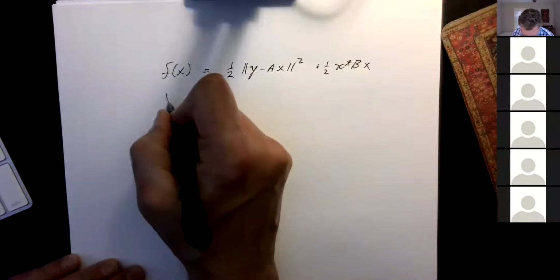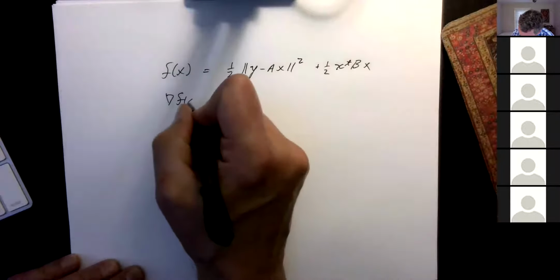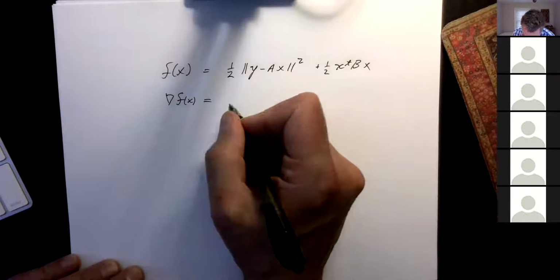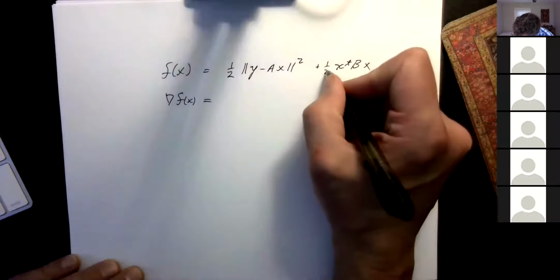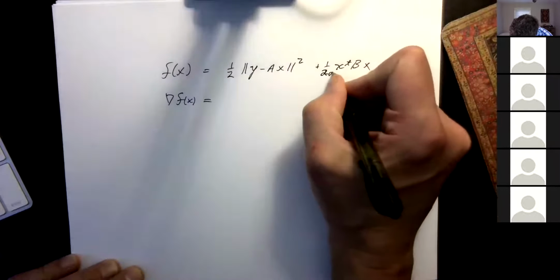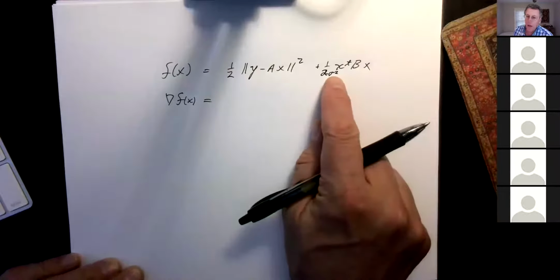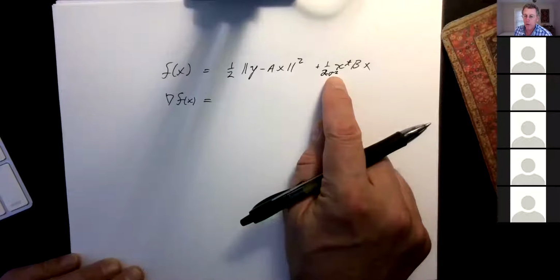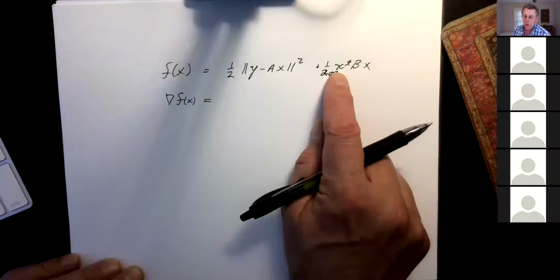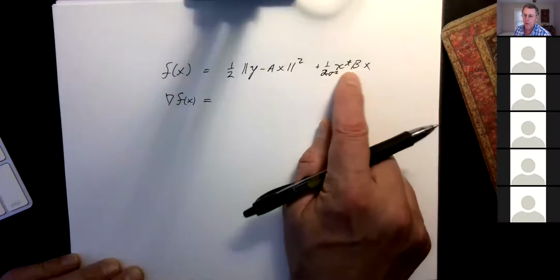So then the gradient of f of x is equal to, I put a sigma squared here. The idea is that this sigma squared allows you to control the amount of regularization. So this is the variance in x. In other words, sigma controls how much variation you can have in x.